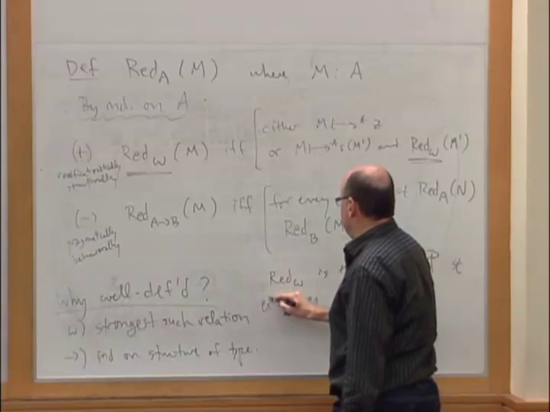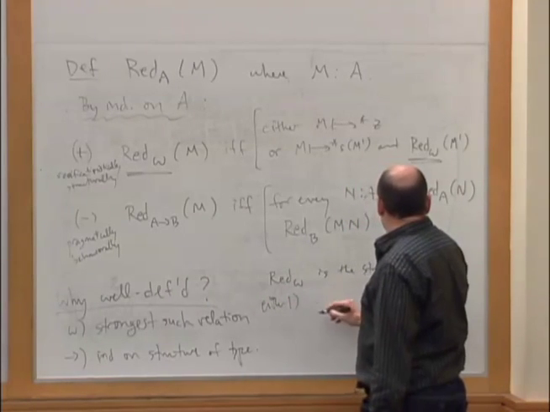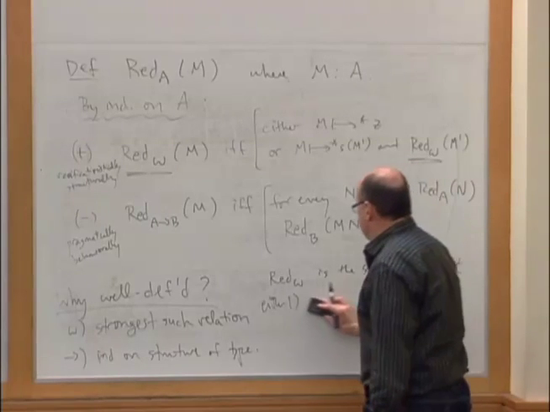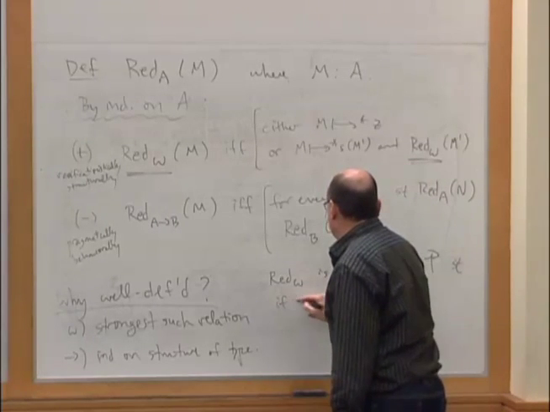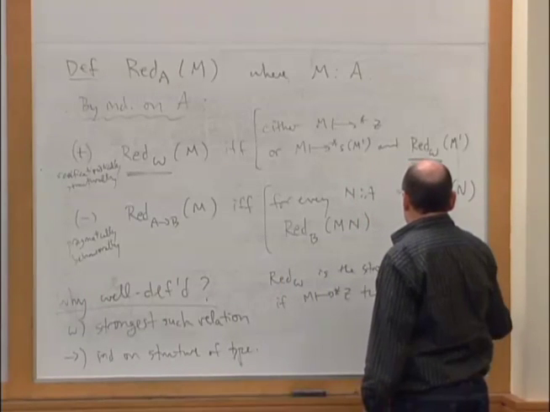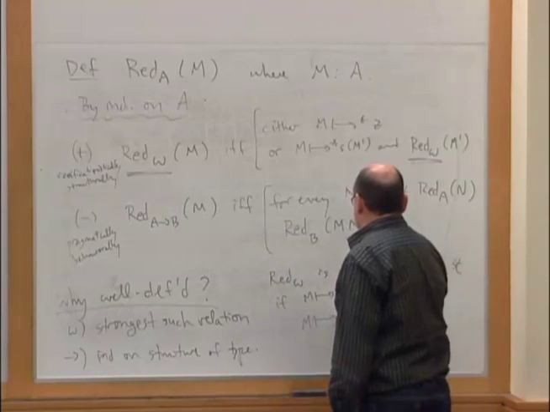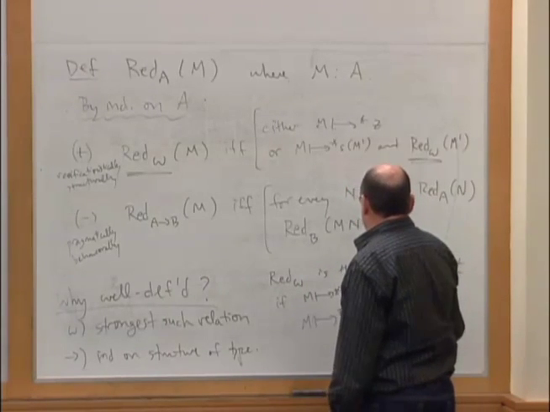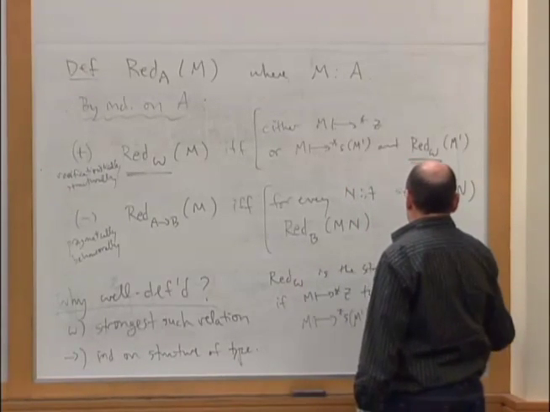Either, what do I want to say? If m reduces to 0, then P of m. And if m evaluates, and we want to say it either, if it reduces to this, then P of m prime.